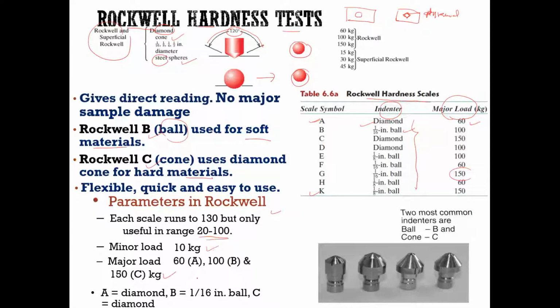Okay. And then these are some of the figures or some examples of the indenter. So up to now I have already covered four of the hardness tests, which are Brinell, Vickers, Knoop, and also Rockwell. So let us see the correlation or the relationship between hardness and tensile strength.